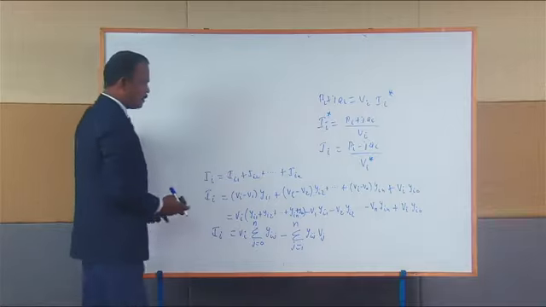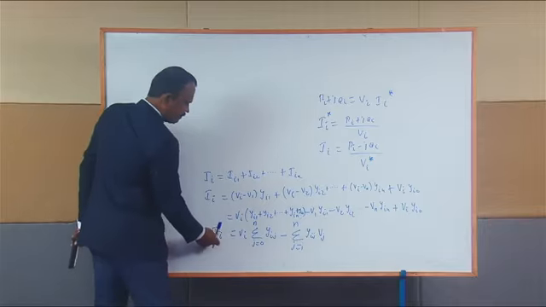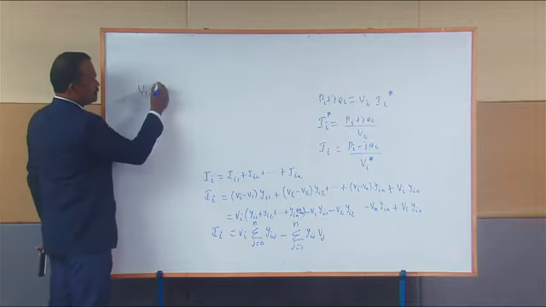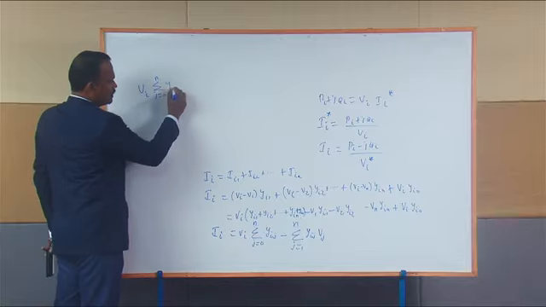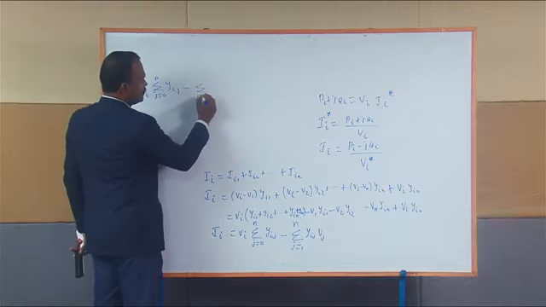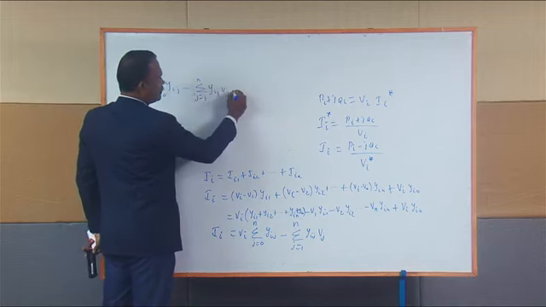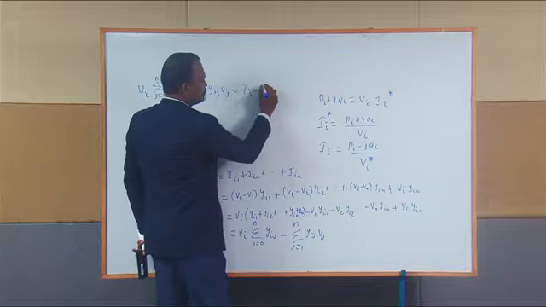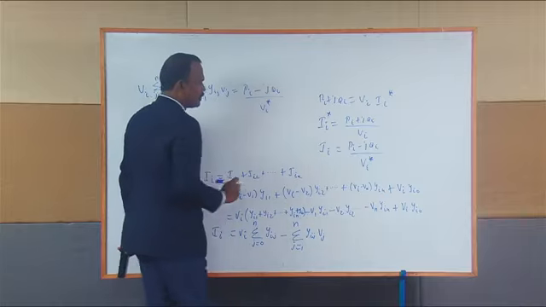Okay, now I substitute the Ii from this equation, then I can write Vi sigma j running from 0 to n Yij minus sigma j equal to 1 to n Yij Vj, this is equal to (Pi minus jQi) divided by Vi conjugate.